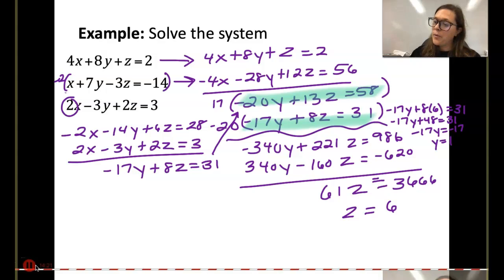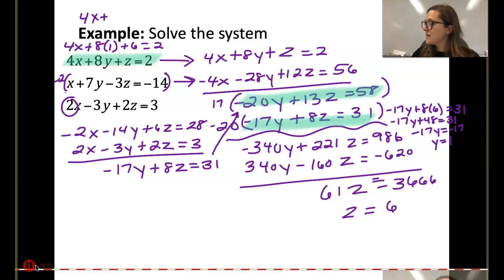So now where do we go? Go back to one of the original ones. I'm going to go to the top one. I like even numbers. Those are nice. Except for 1. That was not even. So we're solving for x. So 4x plus, we just said 1 was y, so 8 times 1, plus z is 6, equals 2. So 4x plus 8 plus 6.